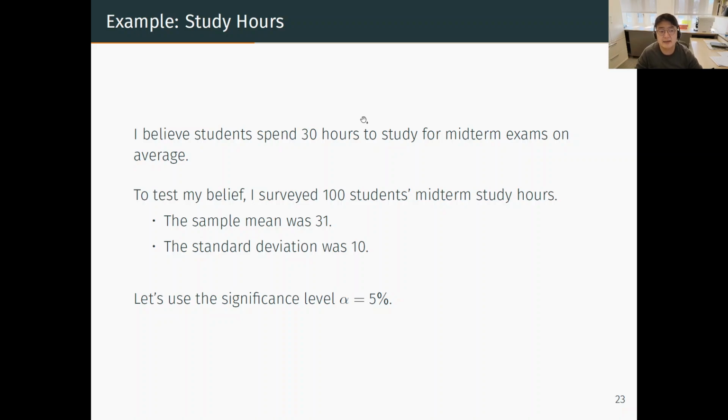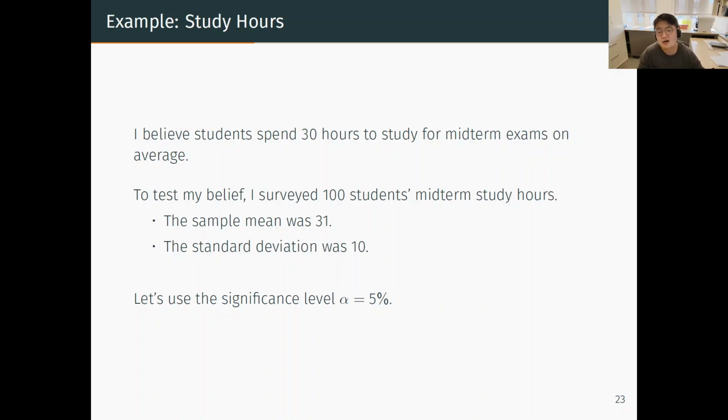And today I'm going to show you a little more applicable numerical example, with a different example. Now what I have in mind is about your midterm study hours, right? I believe most of the midterm exams are over by now. So I am curious how much students study during the midterm exam.